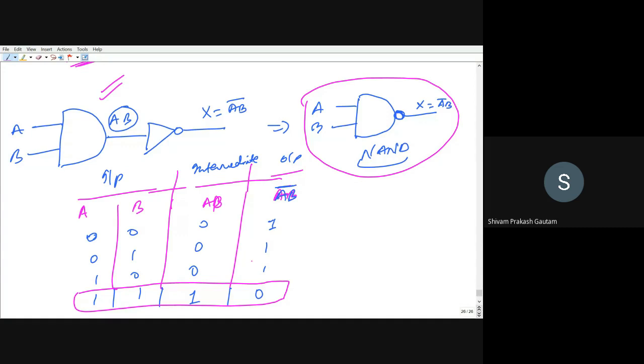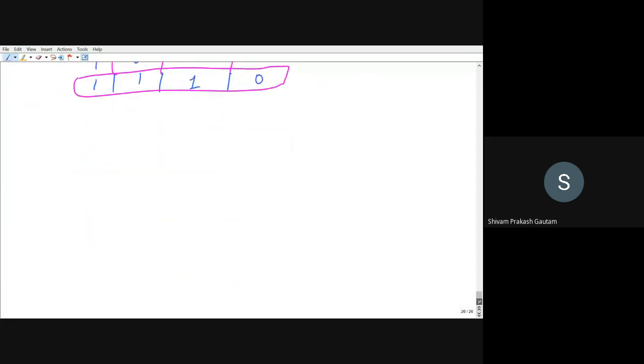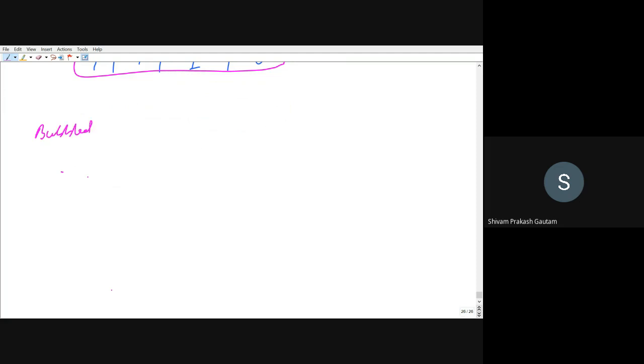So we have seen the NAND gate. Now we will see the bubbled OR gate. Why we are calling this a bubbled OR gate, I will tell you.